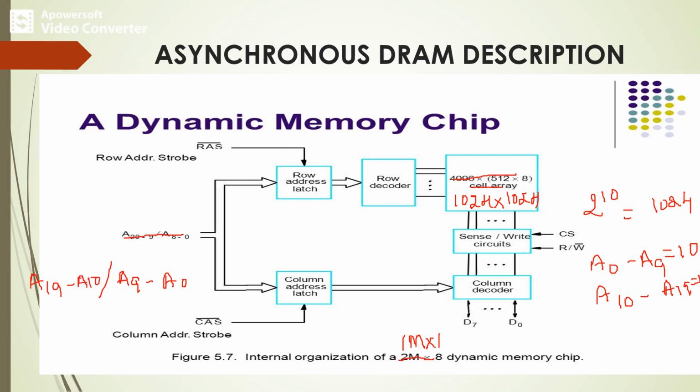So in total we need 20 address lines to represent a 1M into 1 dynamic memory chip. The other operation is the same as the 2M into 8 DRAM chip, consisting of the RAS signal as well as the CAS signal, followed by the row address strobe and column address strobe.